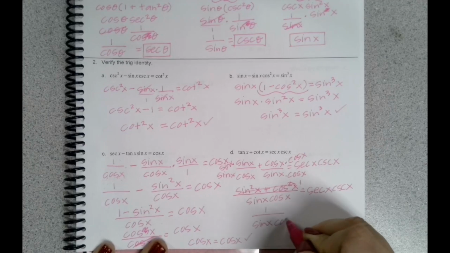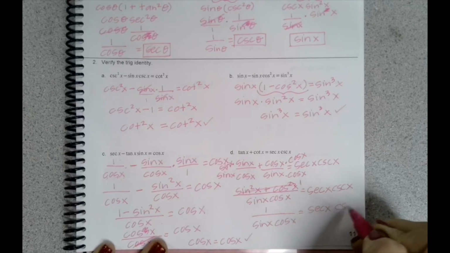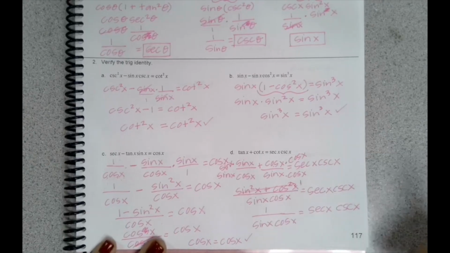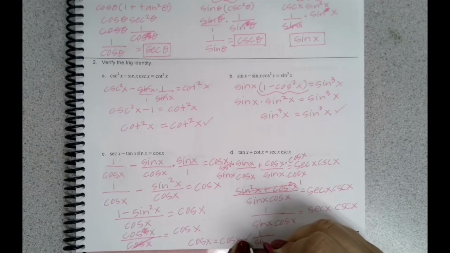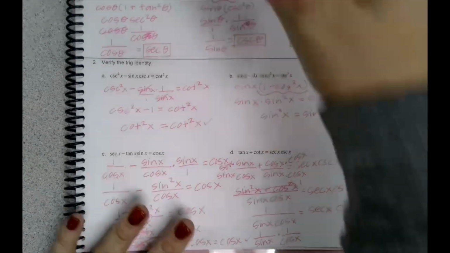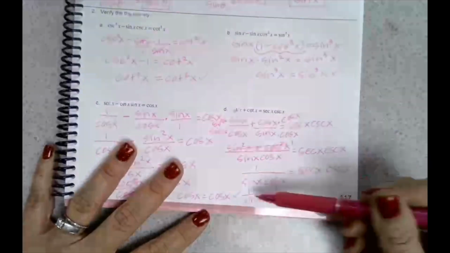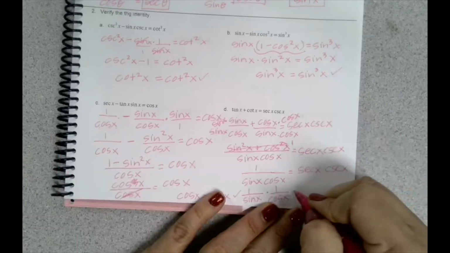times cosine x. But where am I trying to go? To secant x cosecant x, right? So if I'm trying to do that, this could be 1 over the sine of x. And then couldn't this also be 1 over the cosine of x? Because 1 times 1 is still 1, and sine x times cosine x is that.